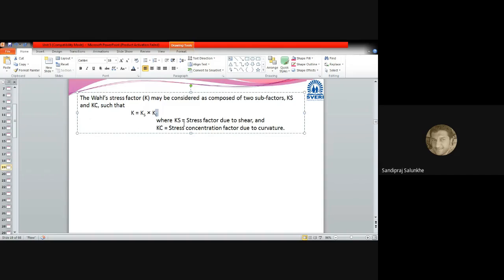This is considered at a very micro level, if you are going to calculate the exact shear stress which will get induced in that coil, and if you are going to consider the effect of curvature also. Now, as we know, we simplify each and every equation by neglecting some things. Sometimes we can neglect this effect of curvature also, and we can take this K as Ks only.